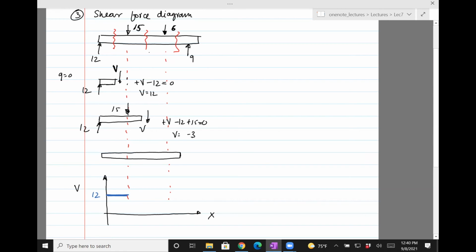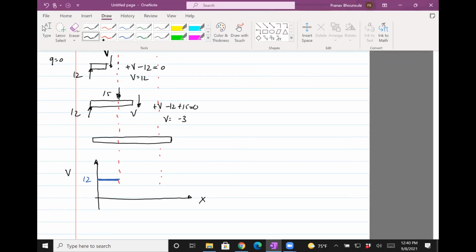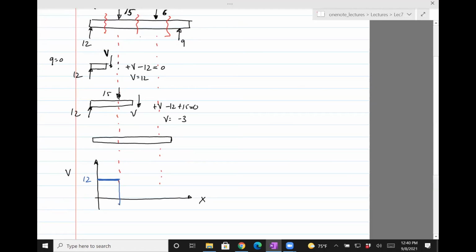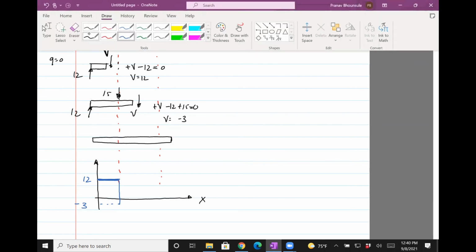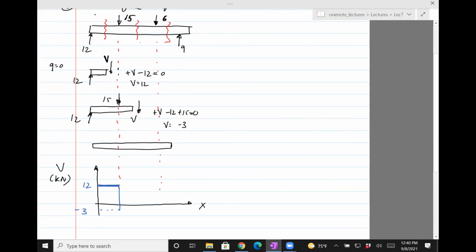So exactly where the 15 kilonewton force acts, the shear force changes from 12 to minus 3. So it goes down, and right here it's minus 3. V is in kilonewtons. So that completes the second equation.